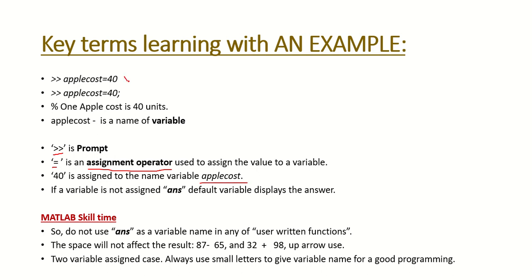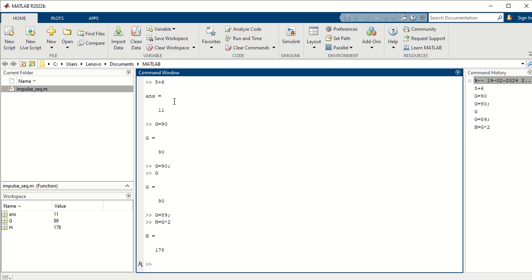From this example, as we saw just now, I am using one other example, not the same one on the live board, because we are seeing two examples here, one on slides and another used to explain. If a variable is not assigned, the default variable ans is displayed for the answer, as I showed here.